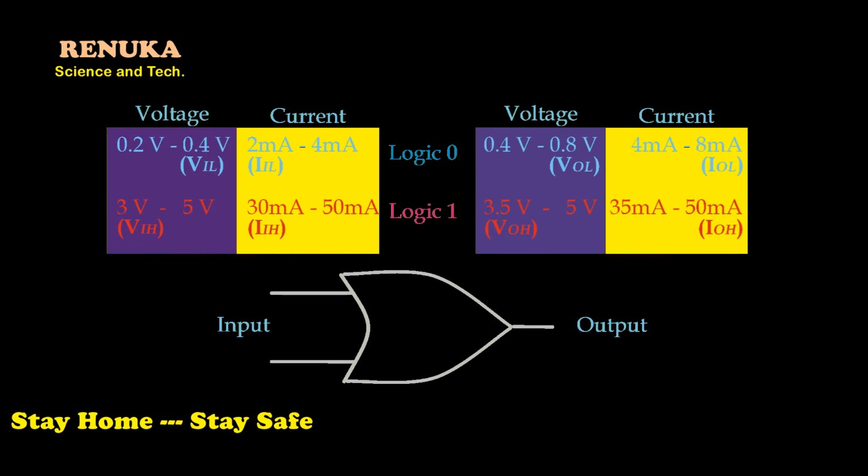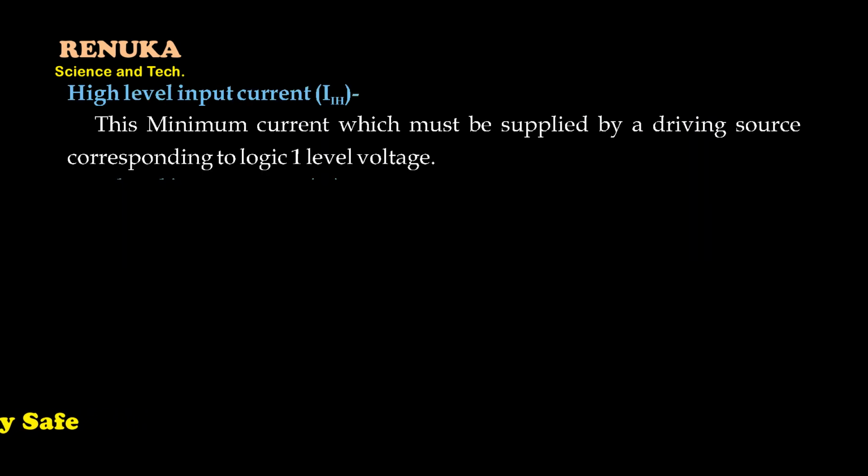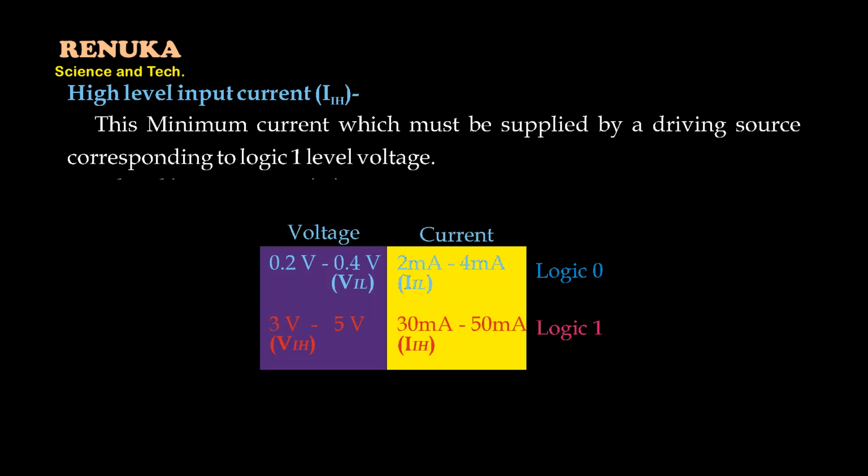Similarly, if you see the voltage levels, corresponding currents will be there. Those currents are also defined and it will have the current parameters too. First of all, let us see the high level input current, that is IIH. At the high level, the current range at the inputs is 30 milliampere to 50 milliampere.